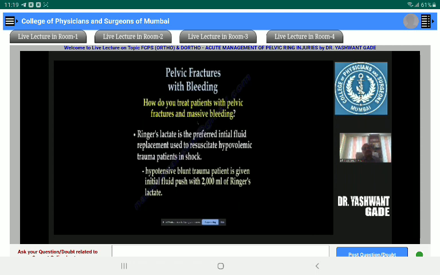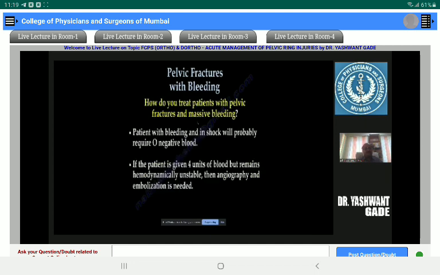How do you treat a patient with pelvic fractures and massive bleeding? Ringer lactate solution is the preferred initial fluid replacement used to resuscitate a hypovolemic trauma patient in shock. The hypotensive trauma patient is given an initial fluid push of almost 2 liters of ringer lactate. Sometimes the patient can be O negative blood group.